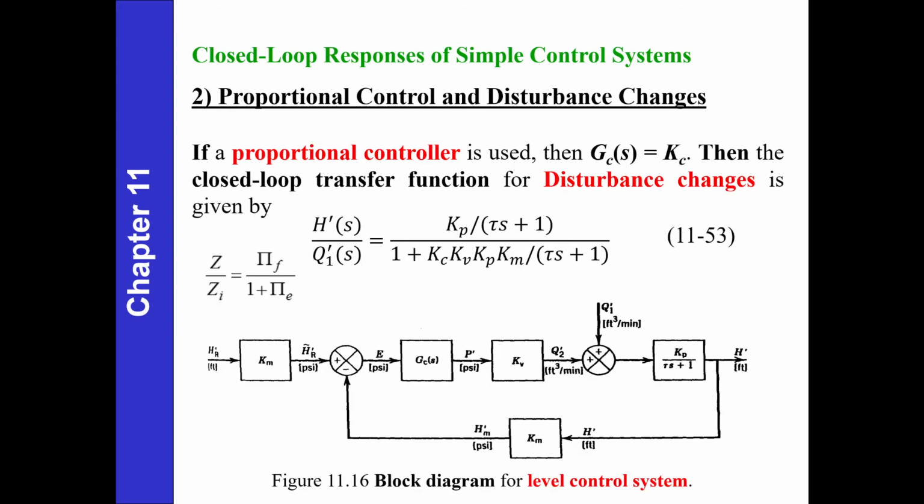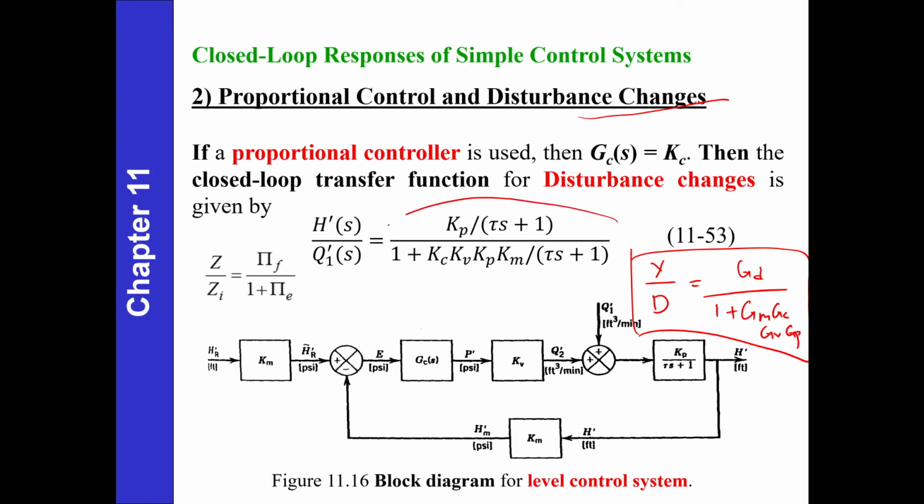The same method is applied when you have a disturbance change. Okay, when you have a disturbance change, starting from y over d, Gd over 1 plus, sorry, it's Gm, Gc, Gv, Gp, starting from this equation, you have to substitute everything to get this equation.